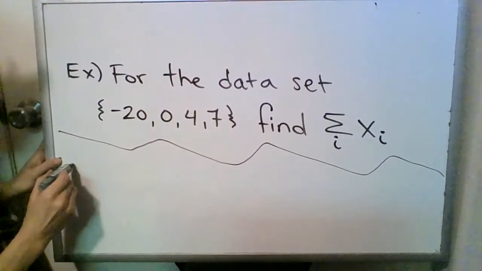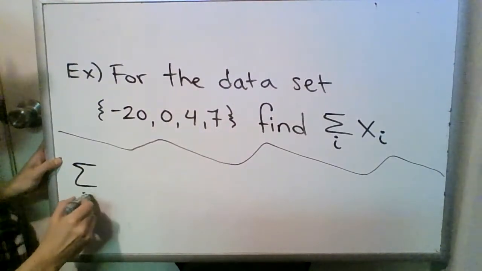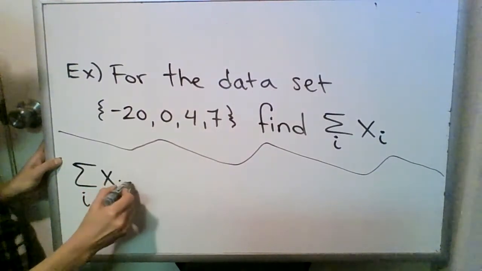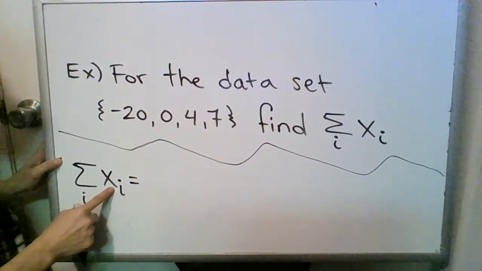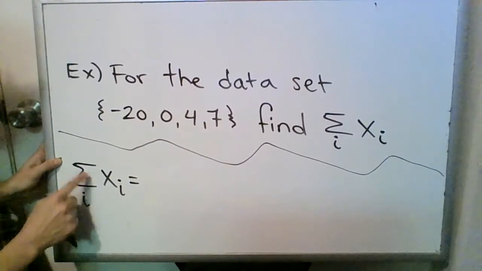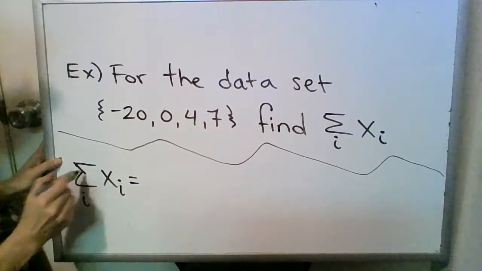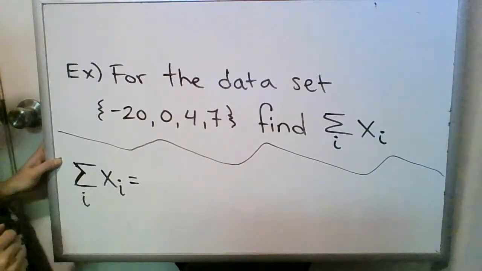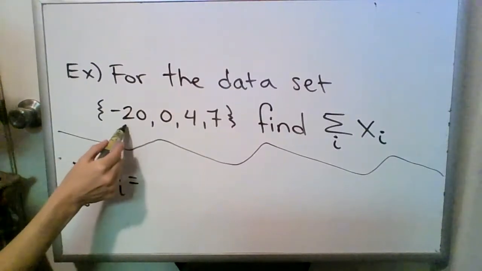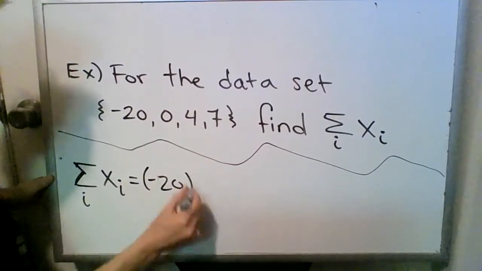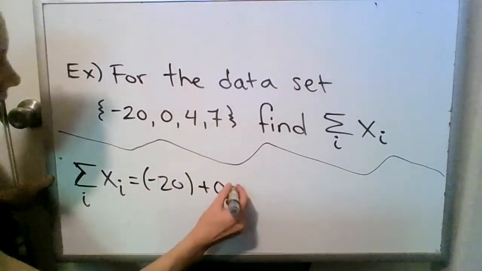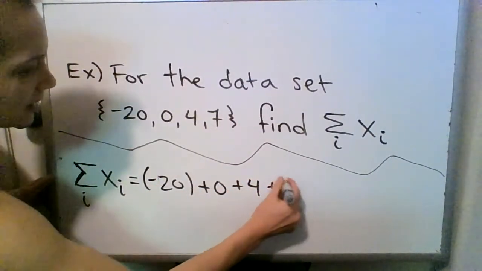Okay, take your sum of all i values for your x sub i's, which means for every data value in this set, add them together. Start with -20, add 0, add 4, add 7.